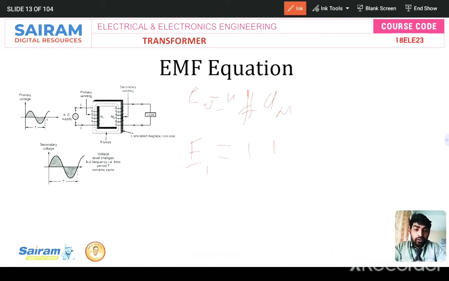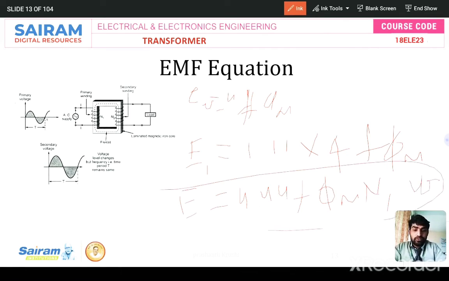So 1.11 into 4F phi m, and multiplying, you will get 4.44 F phi m, right? And E1, the induced EMF in the primary side, just multiply by N1, okay? Volts. This is the EMF equation of the transformer primary side. E1 is equal to 4.44 F phi m N1 volts, E2 is equal to 4.44 F phi m N2 volts. That is the equation of the transformer.